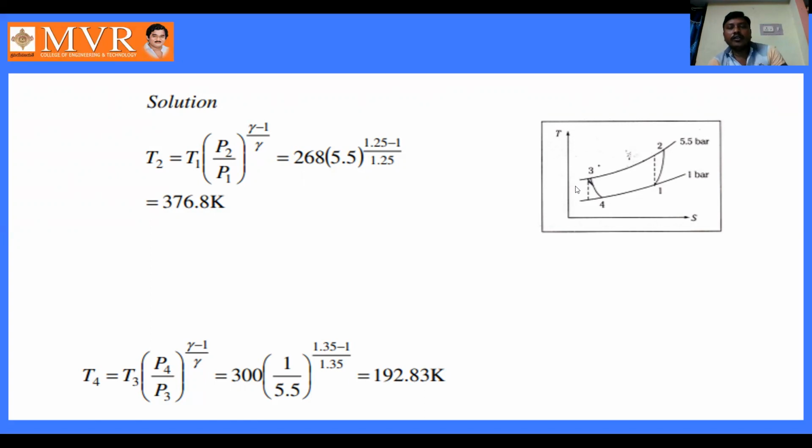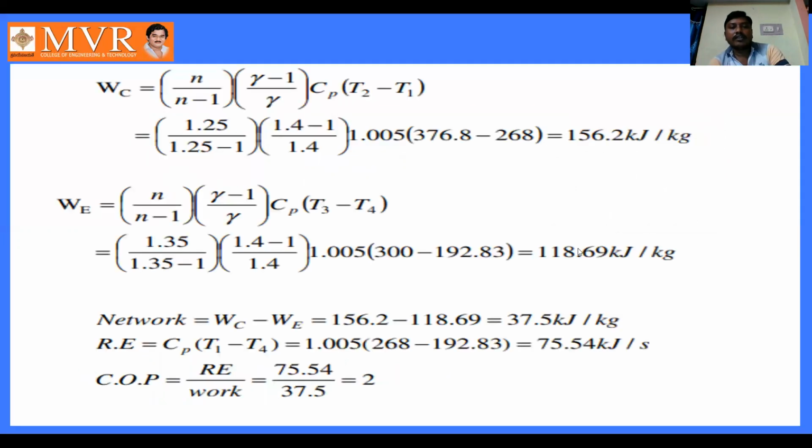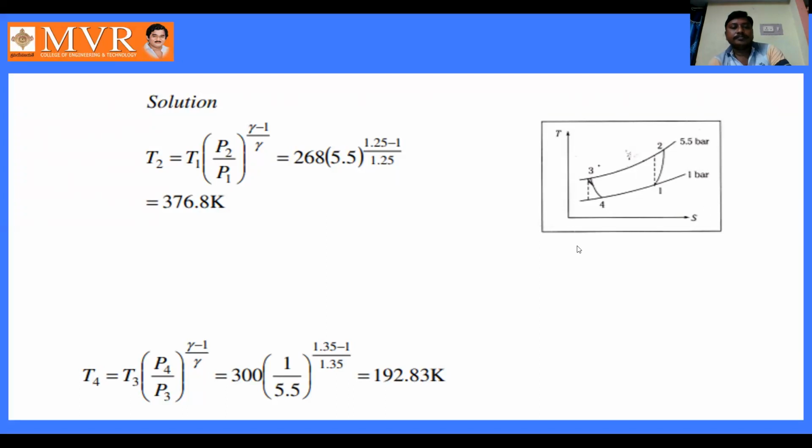Heat is removed from the system, and here we are cooling the air. At that time the temperature is going to be 300 Kelvin, which means T3 is equal to 300.